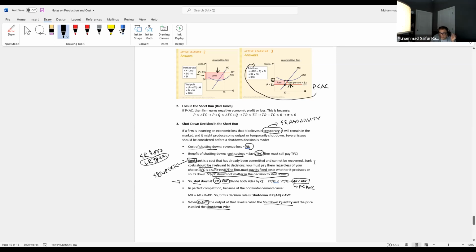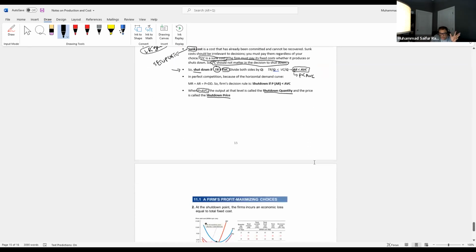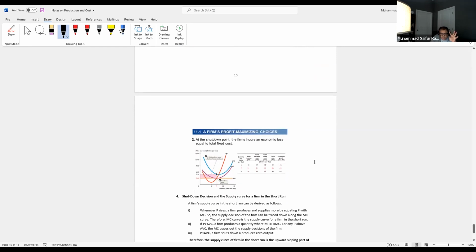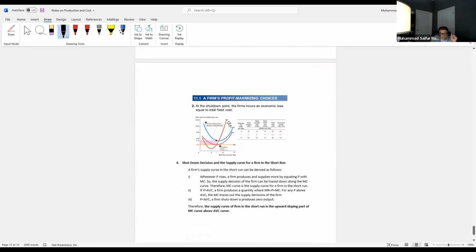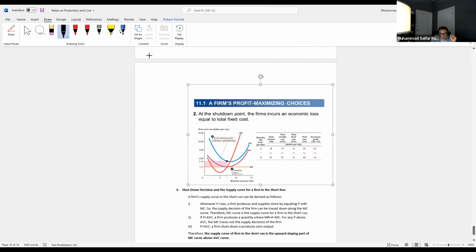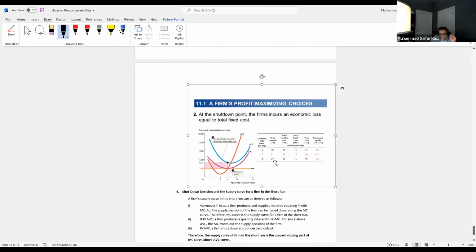Okay, so the next topic is to look at this issue from a graphical perspective. I'm going to expand that graph a little bit. And notice that in this graph, in addition to the marginal cost and average cost, we also have brought in the average variable cost.